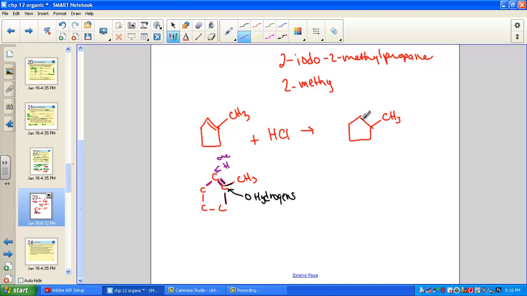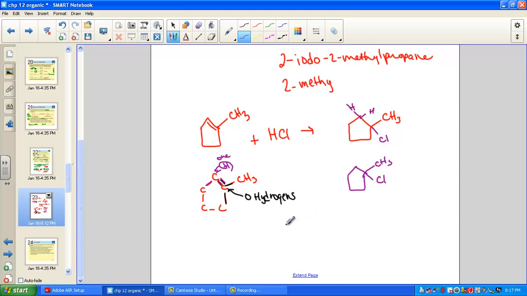So we said that there was already 1 hydrogen there because there were only 3 bonds, but the site of the other hydrogen will also be there, and the chloro group is going to attach to the carbon with the least hydrogen. We end up with a cyclopentane. On carbon 1, there's a methyl, and on carbon 1, there's a chloro.